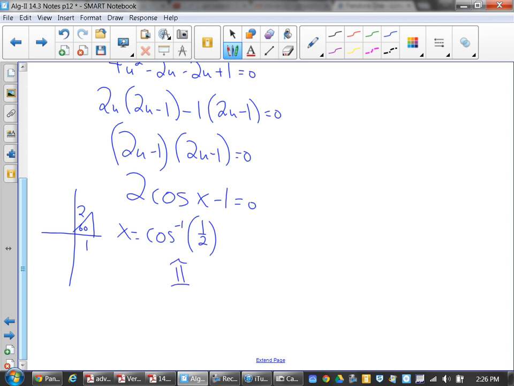Pi over 3. And cosine is also positive in the 4th quadrant, so its radian value is? Very good. And this is 1 revolution, so all I have to do is just list out the angles. You don't have to tack anything on because you're bounded between 0 and 2 pi. Okay? That's how that one works itself out.